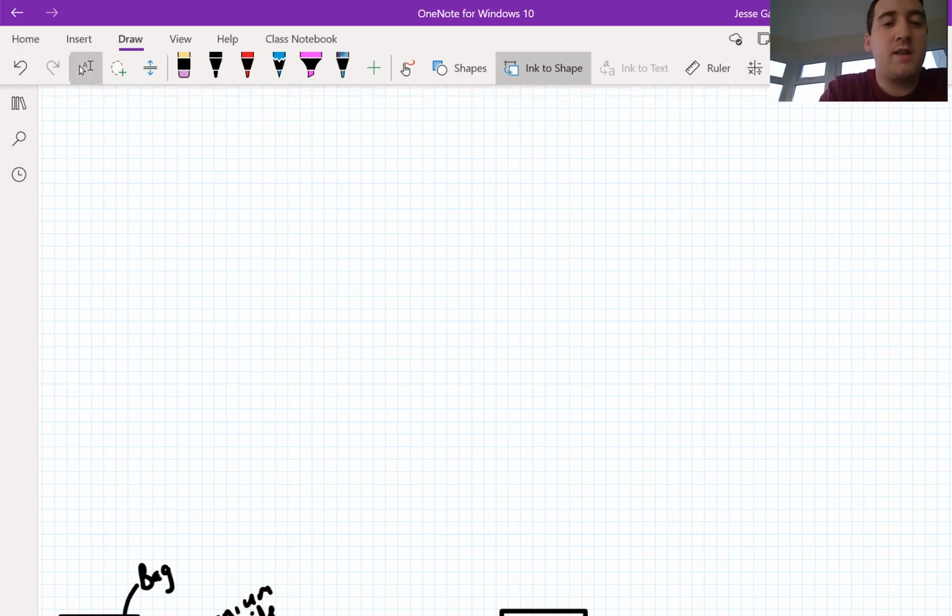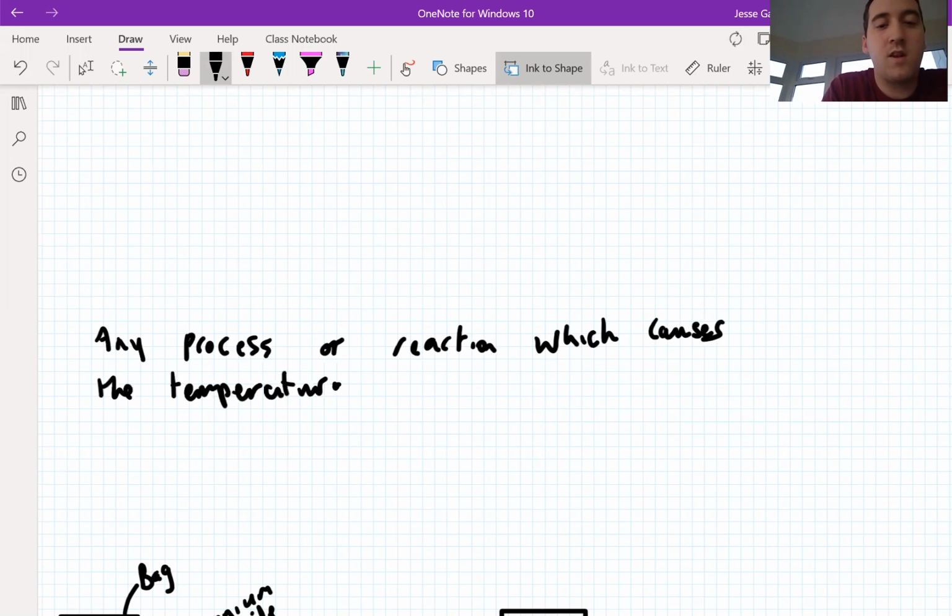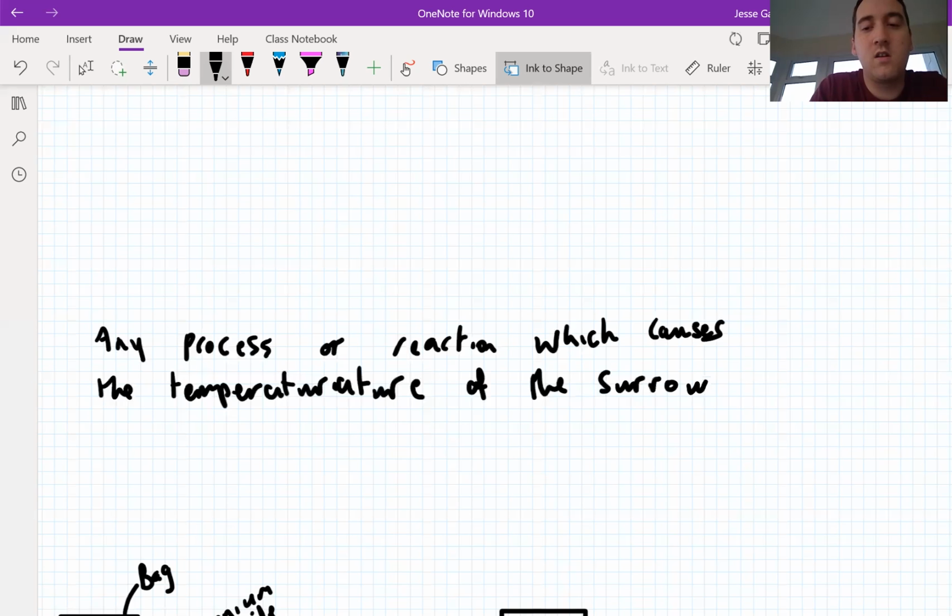Well, just like before, it's any process or reaction which causes the temperature of the surroundings to decrease, because it's taken in energy from the surroundings.